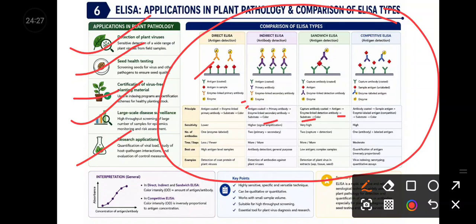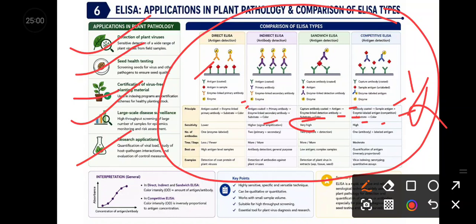And in the last, competitive ELISA, the antibody is coated over the plate, and 2 types of antigens are used: sample antigen and enzyme-labeled antigen. They compete for the antibody, then substrate is added and the color change is studied. Here the color change is indirectly proportional to the presence of antigen.